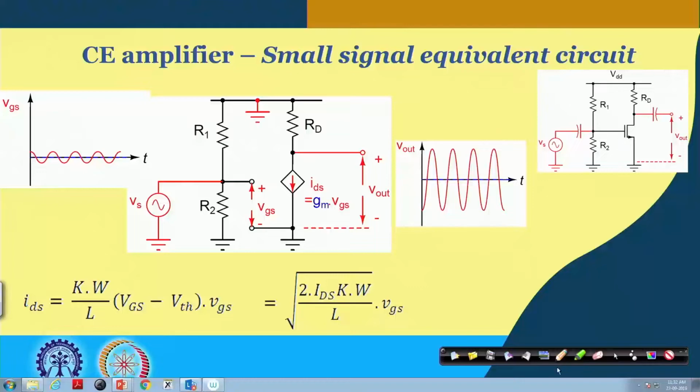Yeah, welcome back after the short break, and we are about to start the small signal equivalent circuit for the common source amplifier.